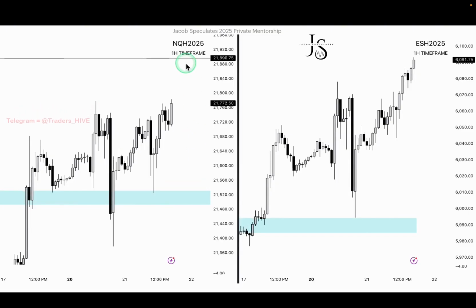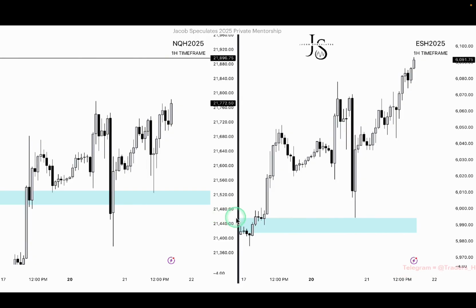So looking at the hourly time frame, getting a little bit more in depth here, we can see that Monday we formed a small little SMT that was not sequential, traded higher, and then returned back through the gap on the NASDAQ. On the S&P, we had that SMT, traded higher, and then we traded to that same gap that we had outlined.